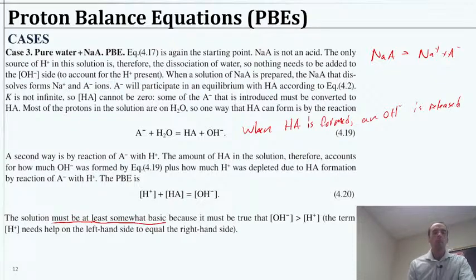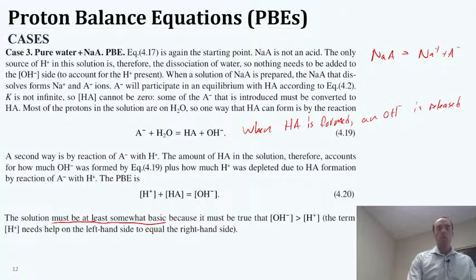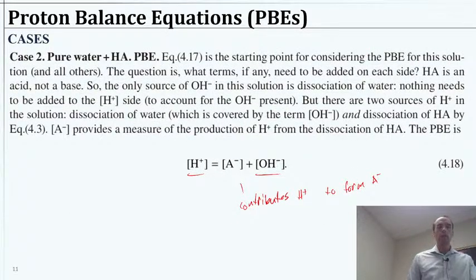Okay, and with that in mind, some of these equations will tell us that. In fact, in the one before, if we take a look, we could say, well, this one must be at least a little bit acidic, right? And maybe it says it here.